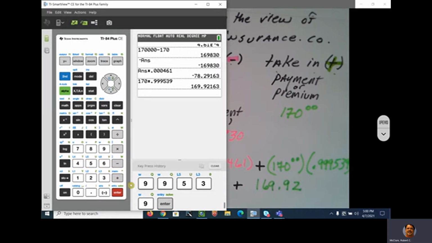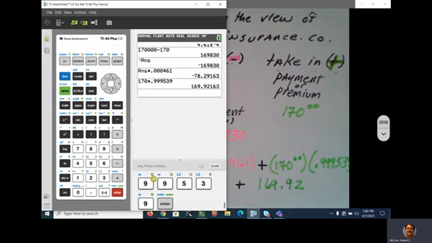And of course, it's going to be positive because the positive is greater than the negative. So I'm just going to subtract 78.29. And we've got an answer of $91.63. And it's positive.